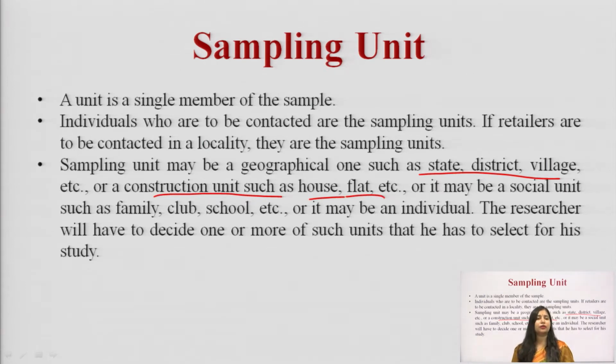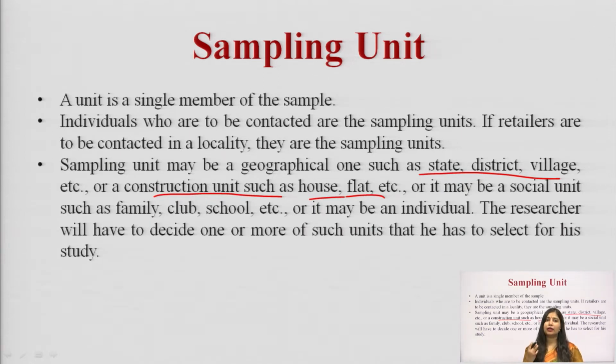Suppose you want to understand the quality of infrastructure in the hospital industry. You can go and visit hospitals and their infrastructure. So, that hospital becomes one sampling unit, because you want to understand the infrastructure of hospitals. These are a few examples of your sampling unit.